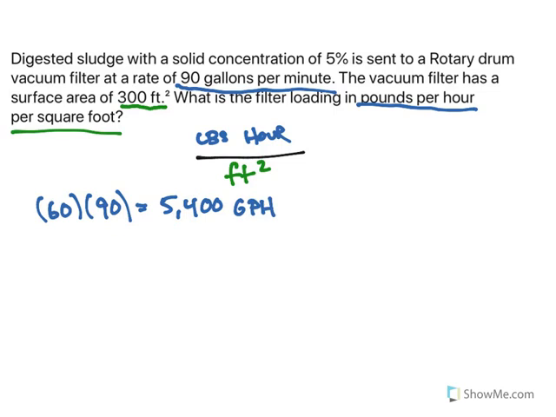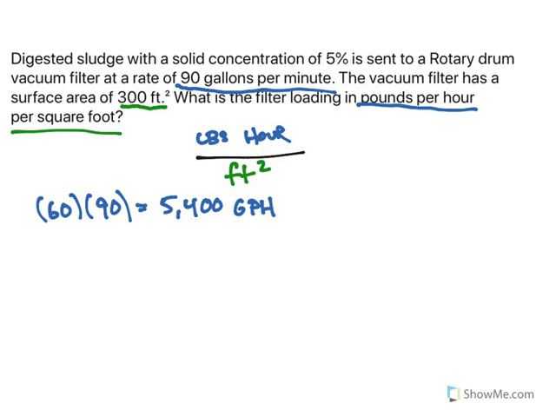Now I need to convert gallons to pounds. I've mentioned it in other questions in this chapter, I'll mention it again. For the purposes of this specific problem, we are assuming that a gallon of sludge weighs 8.34 pounds.